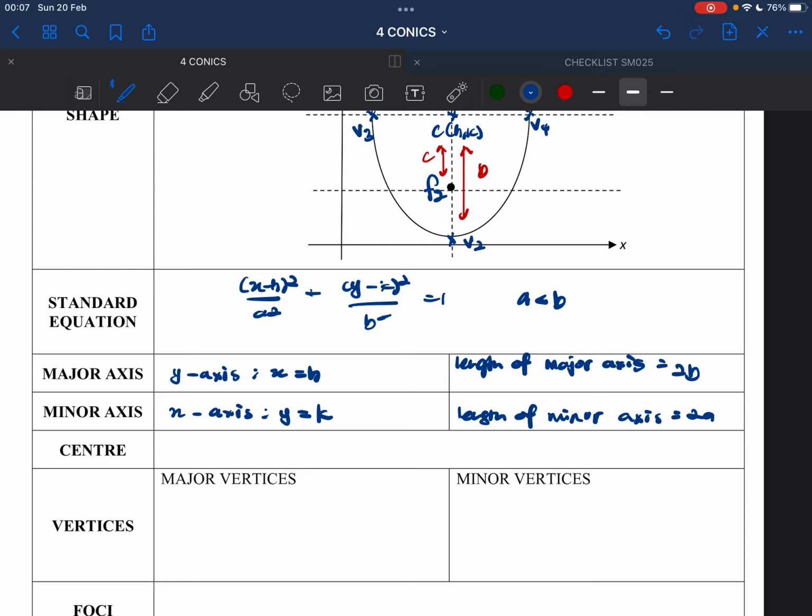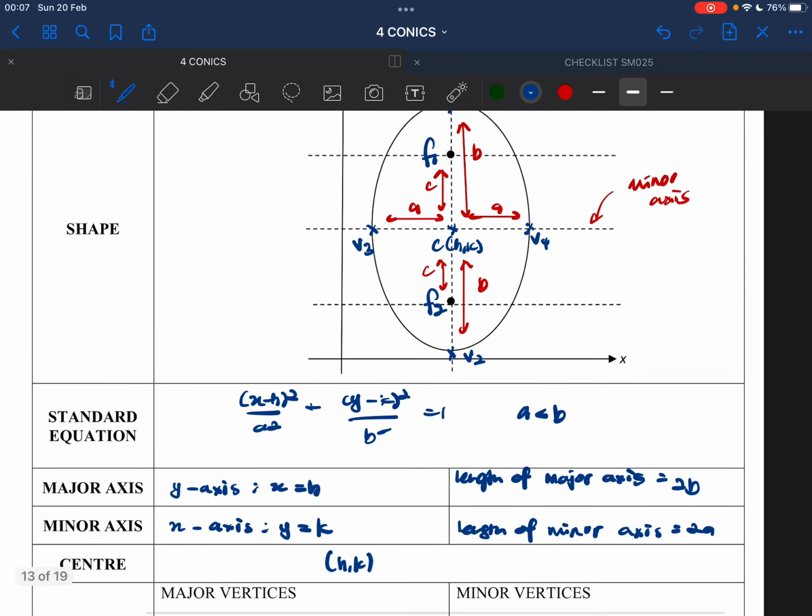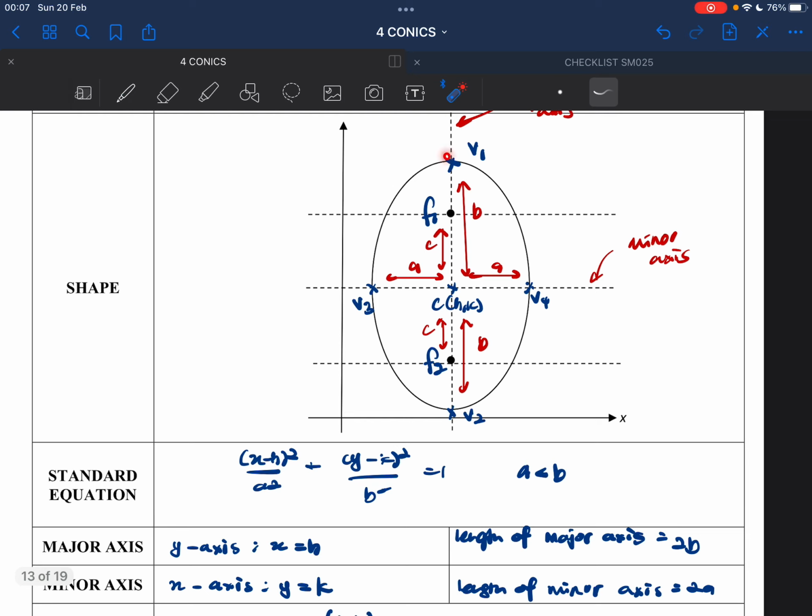Alright, so let's see the center, obviously (h, k). Now let's see the major vertices. We are going to find the major vertices, which we label as V1 and V2. Let's see V1. Okay, so what doesn't change here? As you can see from here, the major axis is at h. So h doesn't change. The only thing that will change here is k.